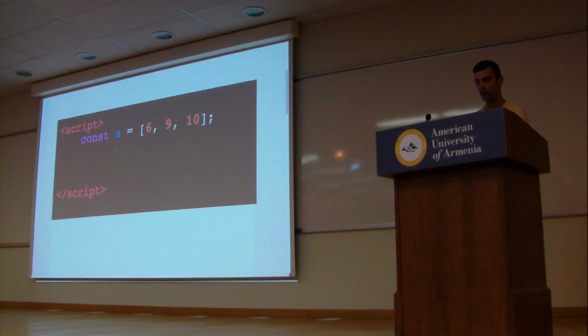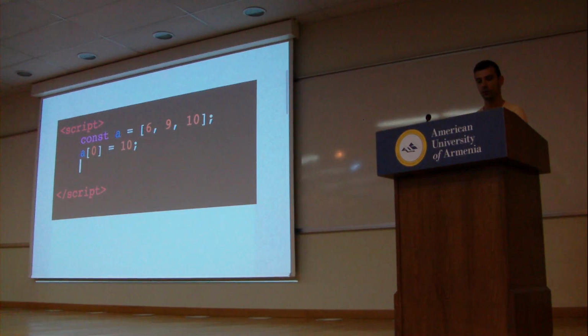Well, we know that if we do A[0], that will give us 6, right? But watch this. What do you suppose that does? Yeah, exactly. It changes the 0 index to have a value of 10.